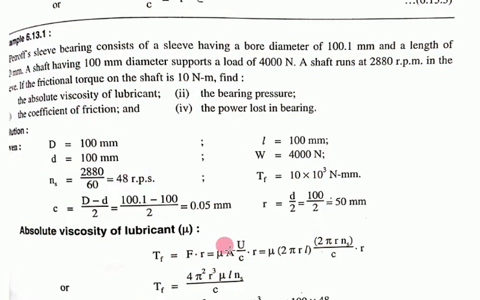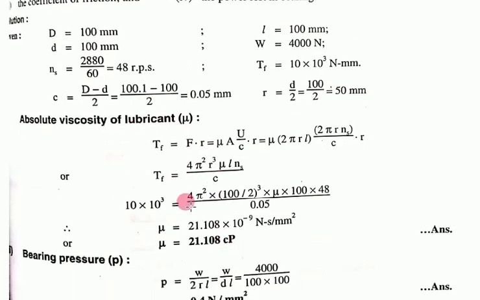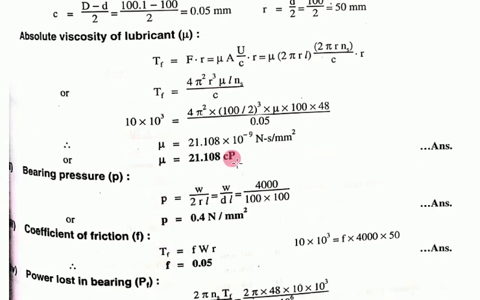Now the absolute viscosity of the lubricant mu we can find from the frictional torque equation, putting all these values in, and we find mu in centipoise, or in Newton second per mm square.